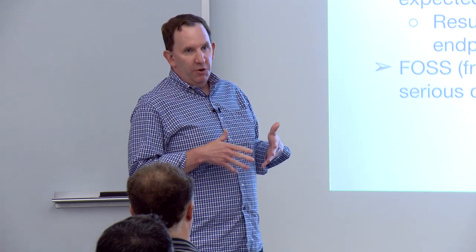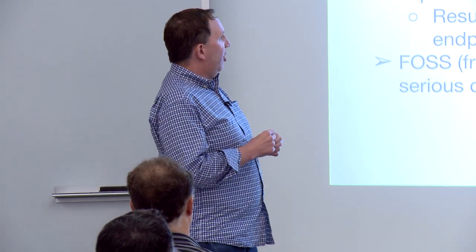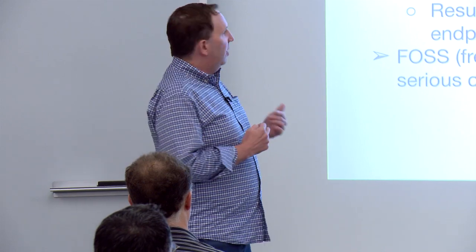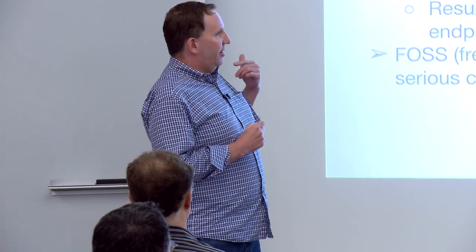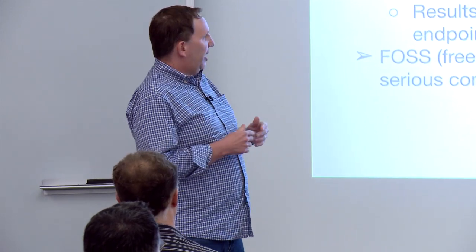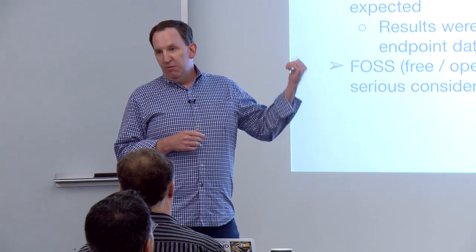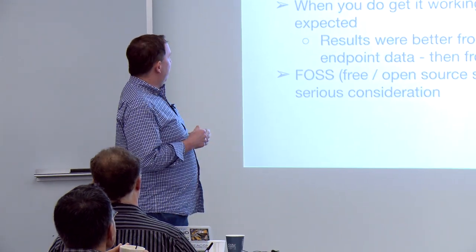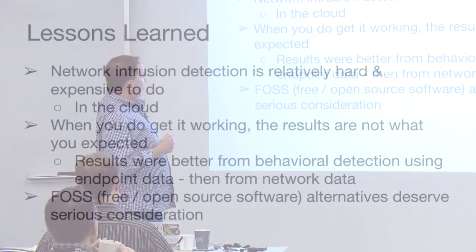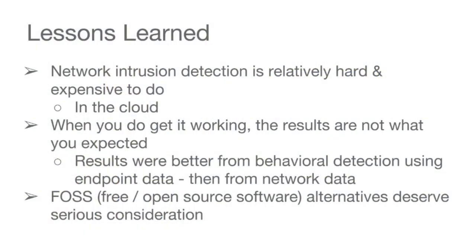It's not specific to one or another. It's hard to do because it's hard to get network data, for one thing. Much harder than in the terrestrial world. I like the word terrestrial for legacy environments, which is a word that Mark uses, so I'll steal that. I also found that once you do get it working, the results are not what you expected. It's very different than what I expected and what my team expected, and I'll show you what that looks like with some data.